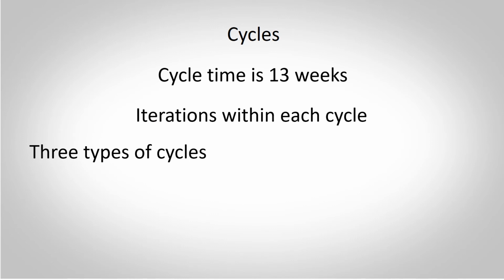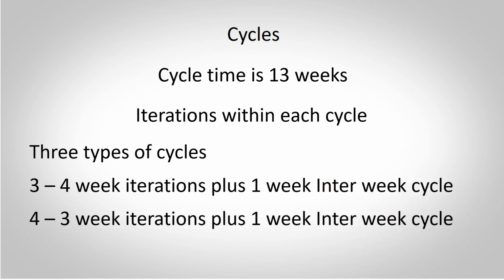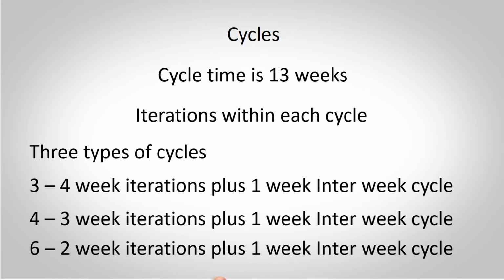Within a 13-week cycle, there are three types of iterations. You could have a set of three 4-week iterations and a 1-week inter-week cycle. You can have four 3-week iterations with 1 week, and the next one would be six 2-week iterations with a 1-week inter-week cycle at the end.